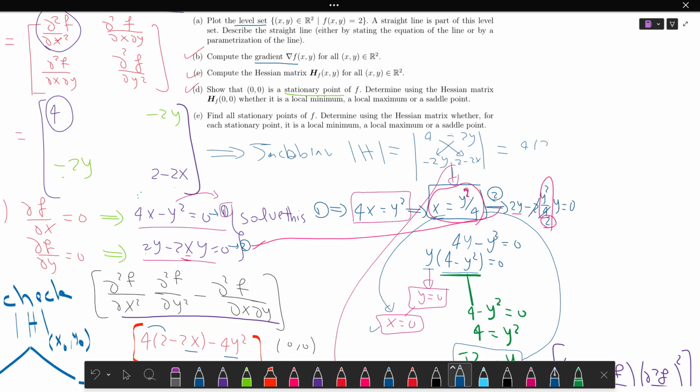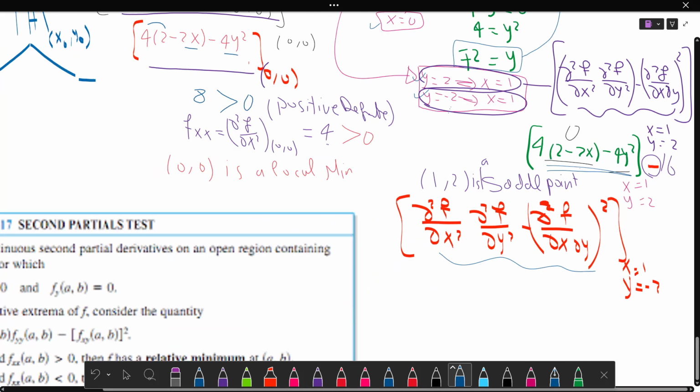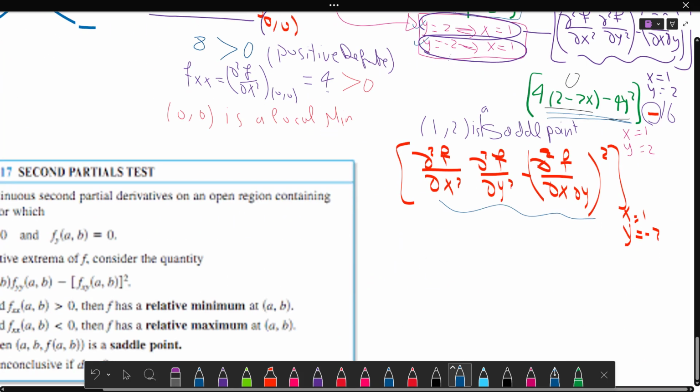So you have 4, 2 minus 2x, minus 4y squared. Catch it? He didn't ask me for the Jacobian here, but he asked me about the stationary point, because I have to define the value of the Jacobian at each point.